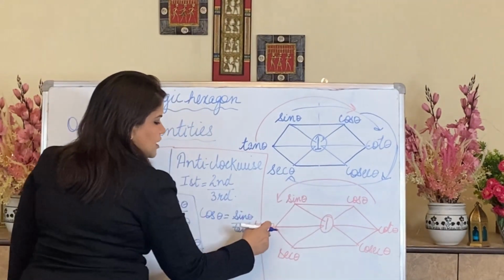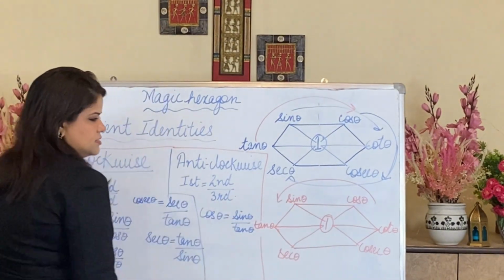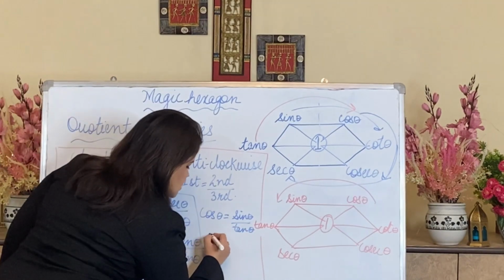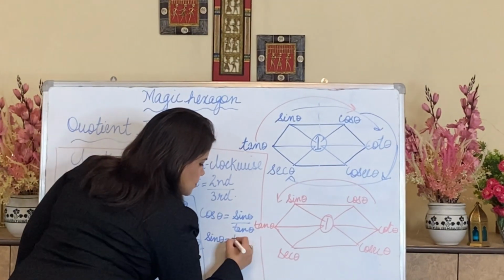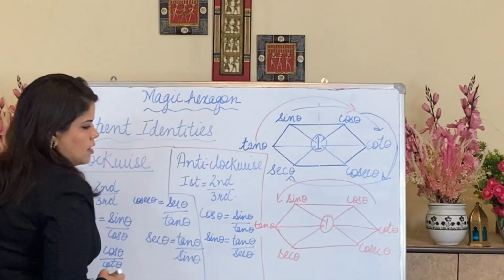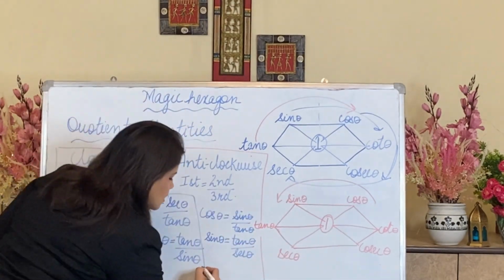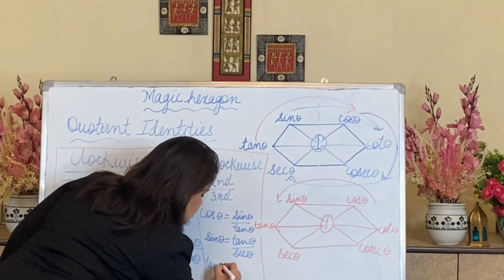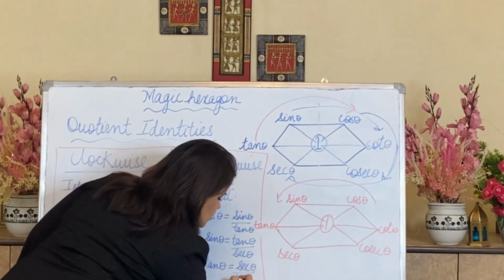First is equal to second by third. Same way I am taking sine, tan and secant. Then it will be sin theta equal to tan theta upon secant theta. Then I am taking tan theta, secant theta and cosecant theta. That it will become tan theta equal to secant theta upon cosecant theta.